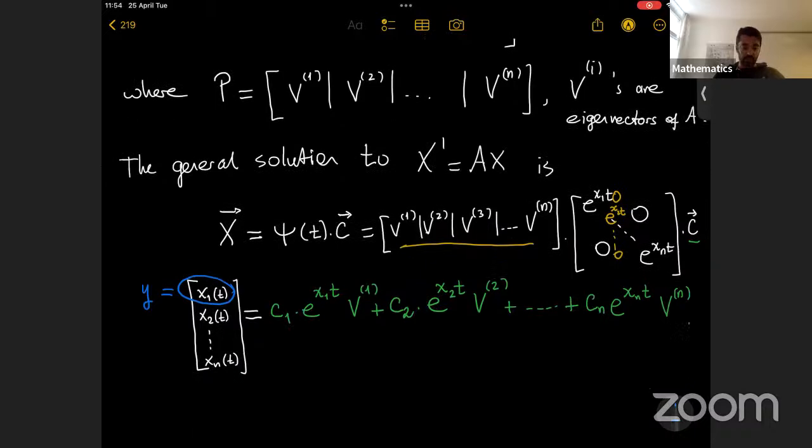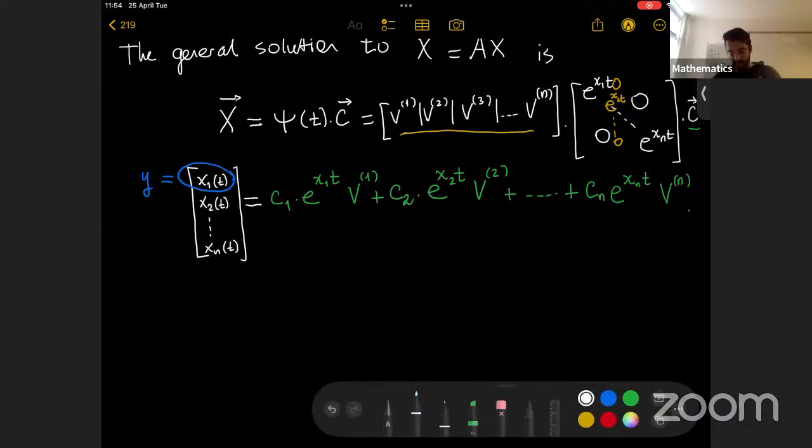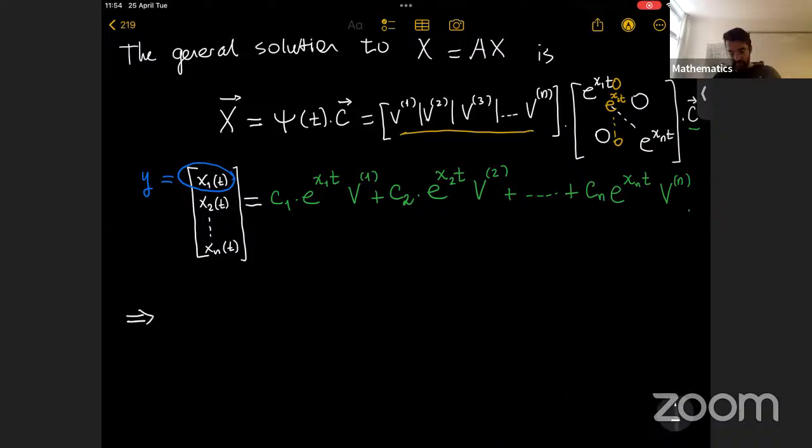So to obtain the first entry, what you have is a combination of e to the lambda 1t, e to the lambda 2t, and so on. Here v1, v2, these are constant vectors, right? These are eigenvectors, they're constant. So from this, you get that y is a combination of e to the lambda 1t, e to the lambda 2t, and so on.